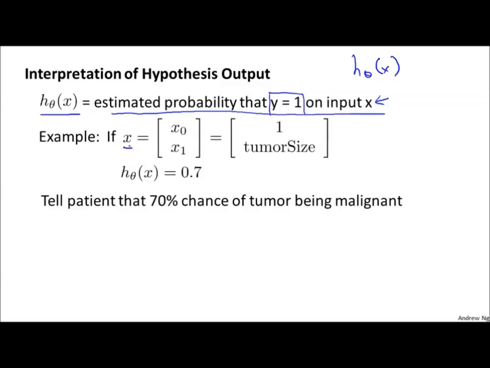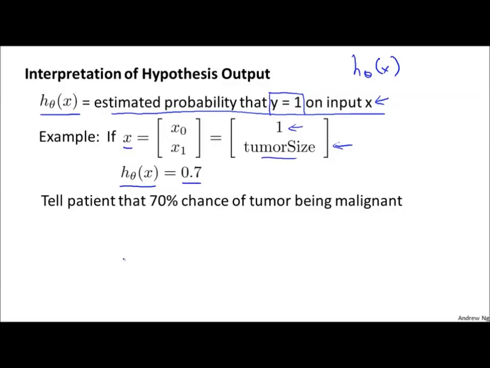So we may have a feature vector x, which is x0 equals 1 as always, and then our one feature is the size of the tumor. Suppose I have a patient come in and they have some tumor size, and I feed their feature vector x into my hypothesis, and suppose my hypothesis outputs the number 0.7.